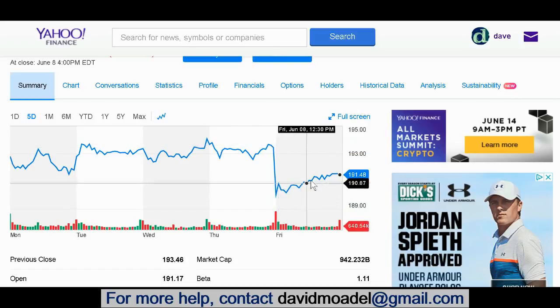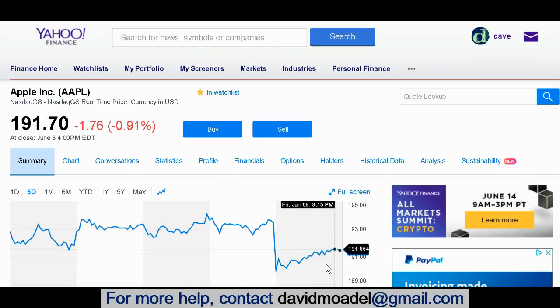And even though the price went up throughout the day, it still closed lower than it had closed the previous trading day. That's how it's possible that the stock share price is down even though it drifted upwards throughout the day.